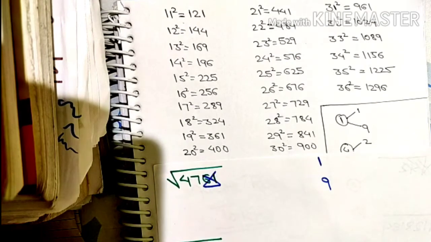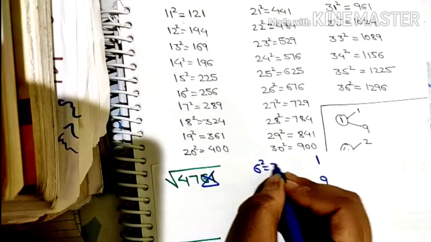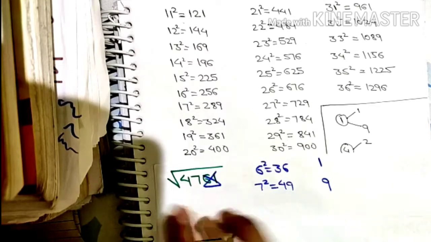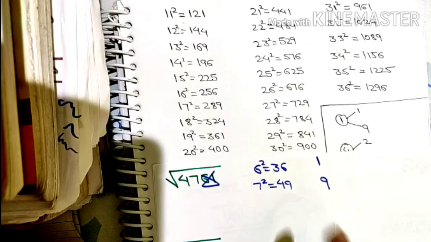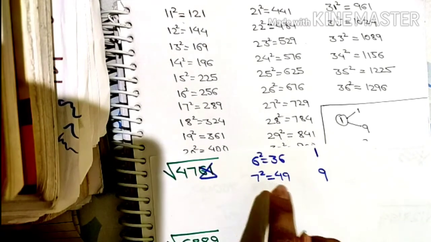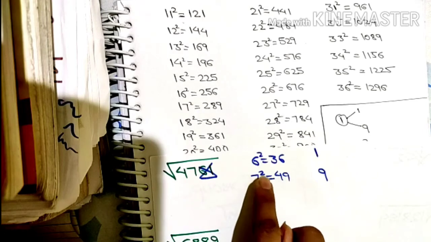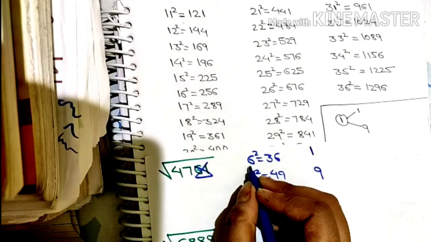What I am saying is, you have to choose the two squares between which 47 lies, like 6 square, 36, and 7 square, 49. 47 lies between 36 and 49. After that we choose the smaller value, and it is obvious that 6 is the smaller value, so we choose 6.